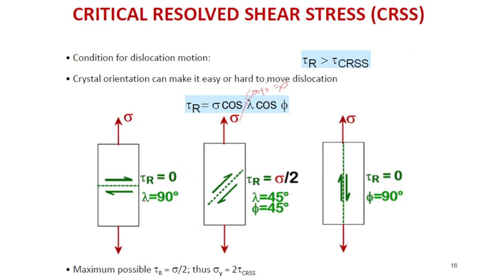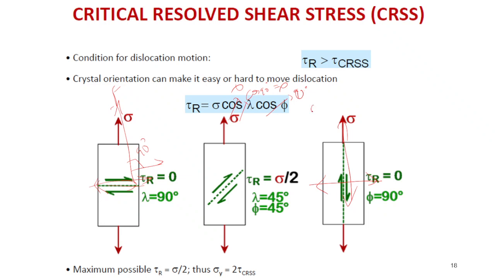If the force is in the lateral direction, lateral to the main tensile force, then cos 90 is equal to 0, and as a result there is no stress acting on the material, so there is no deformation in the lateral side. At the same time, along the longitudinal side, let us consider when the stress is acting, cos phi will be 90 degrees.